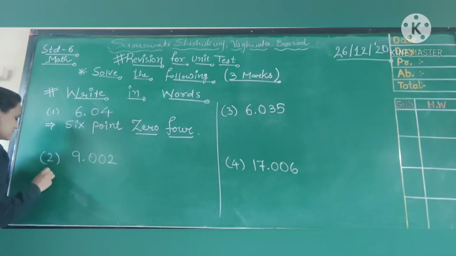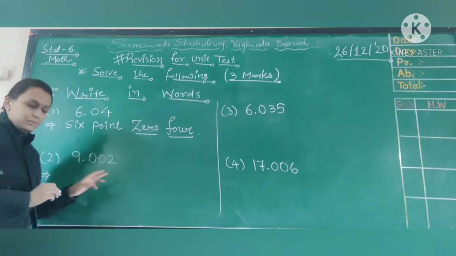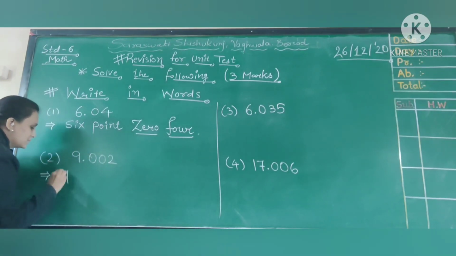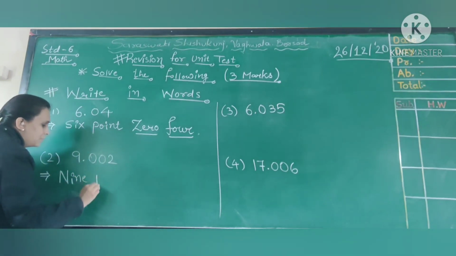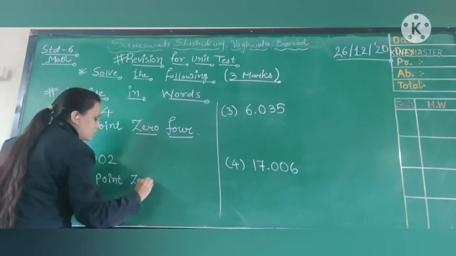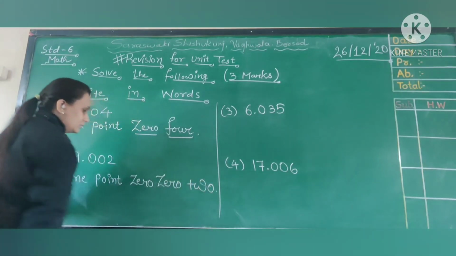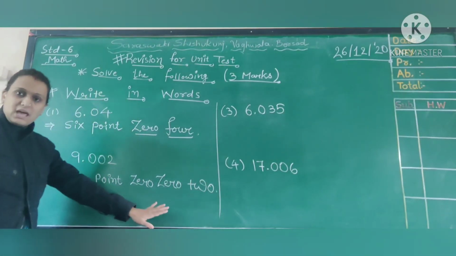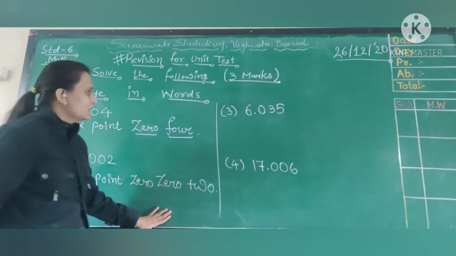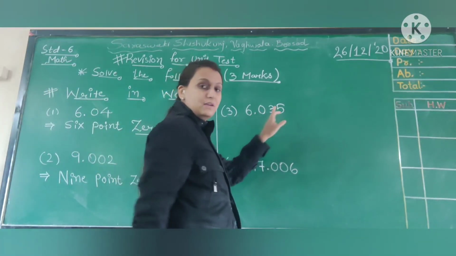Now in the next number we have given 9.002. So let us define the number 9.002. Okay, this way we have to define the decimal number. Now in the third number we have given 6.035.